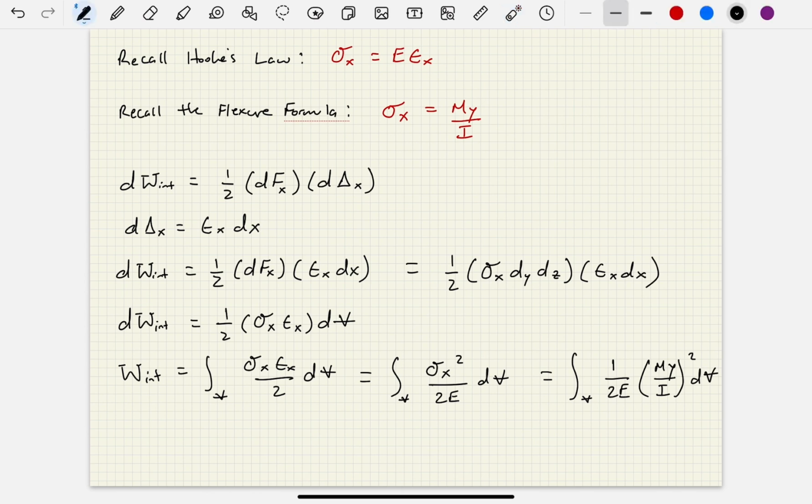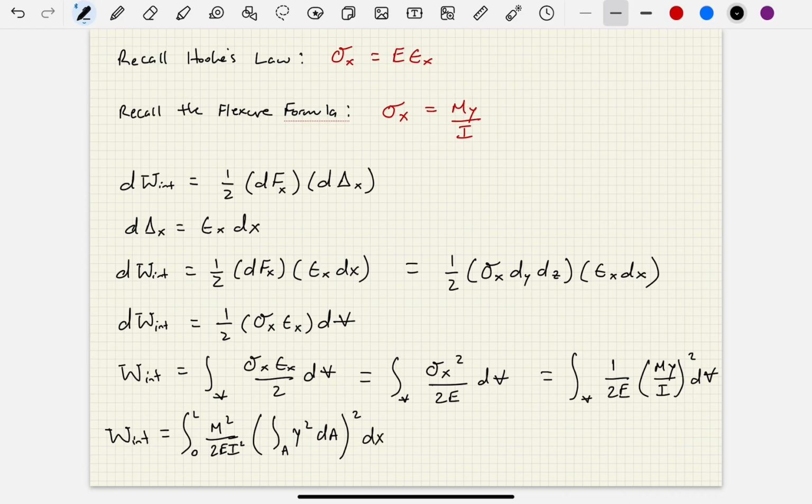So watch what I can do now. I can say W int equals the integral from 0 to a length L of M squared over 2EI squared, and then inside of that have the integral over the area, that area element, y squared dA, times dx.